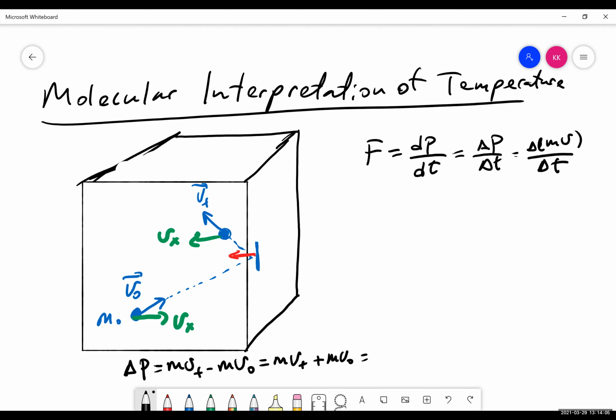So v final equals v initial equals some v, and this becomes just 2 times m times v, where m naught is the mass of the particle. We can put a negative there, indicating the negative direction, but the idea is you just have 2mv.